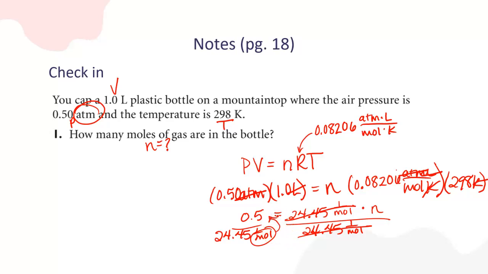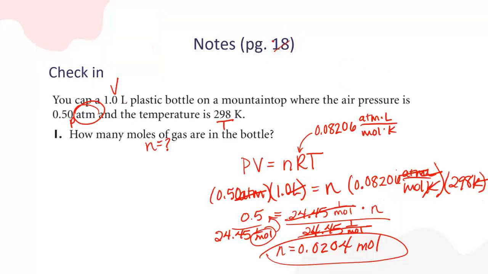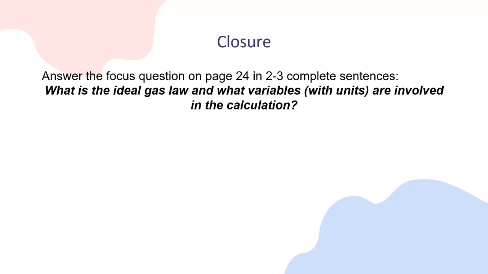So then I'm going to do 0.5 divided by the 24.45, and I end up with N is equal to 0.0204 moles of gas. And that's all we do. A little bit of algebra. Okay. So, I don't know why that says 18. I guess that should be 24.